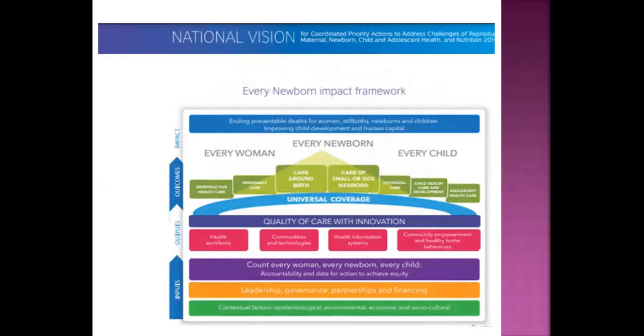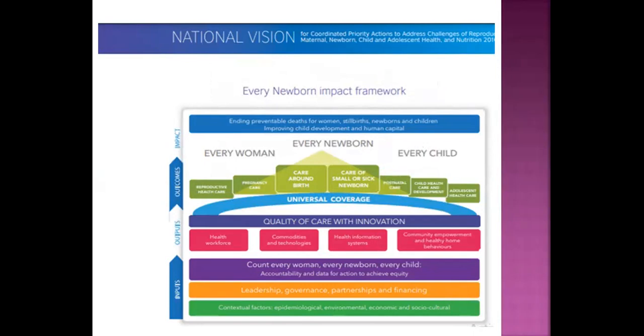According to the National Vision Action Plan, the Every Newborn impact framework is given: ending preventable deaths for women, stillbirth, newborn and children, improving child development and human capital. This includes for every woman, reproductive health care, pregnancy care, early newborn care around birth, and care of small or sick newborns; for every child, postnatal care, child health care and development, and adolescent health care.